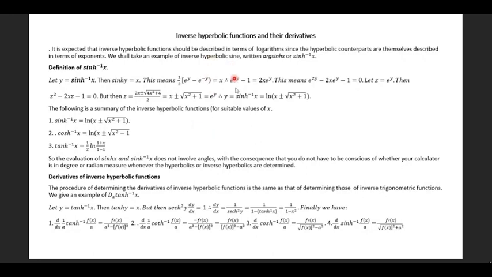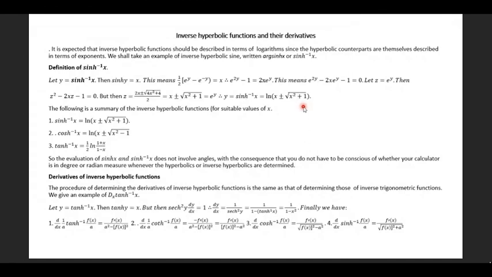But in the case of inverse hyperbolic functions, we do not have angles, because when we talk about hyperbolics, we talk about things that are described in terms of exponent e. And when we talk about the inverse, we talk about things that involve ln. So there is no angle involved there.